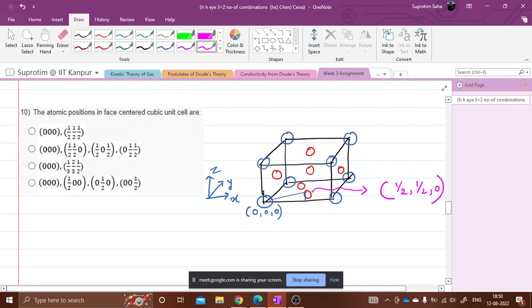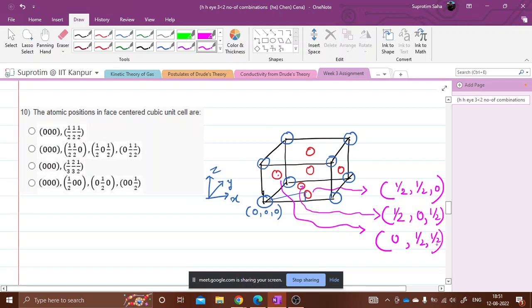Now for this face, this will give you half 0 half, and this one will be given by 0 half half.